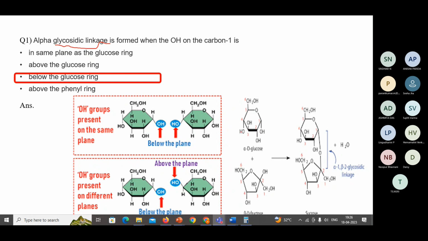It is basically based on the stereochemistry of the glucose material or monosaccharides. So anyone have any question?